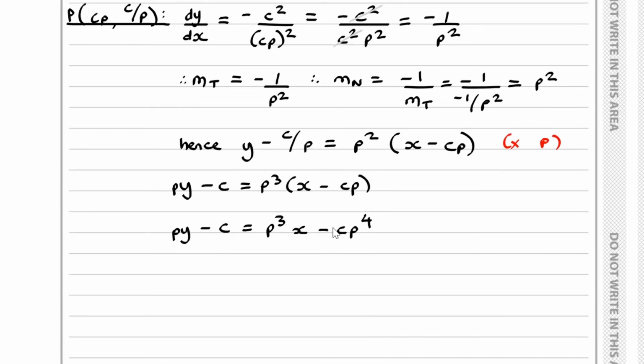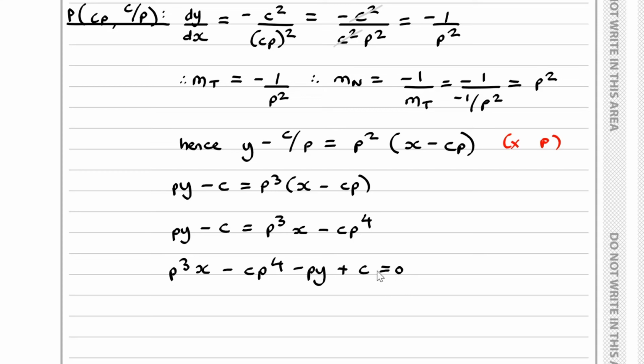And if I take everything over to one side and then factorize, first of all we have p cubed x minus cp to the 4, and then we have minus py plus c equals 0.